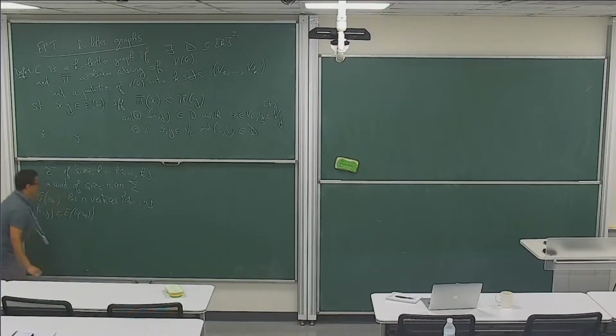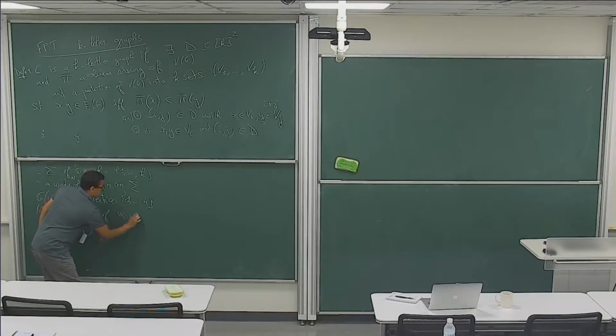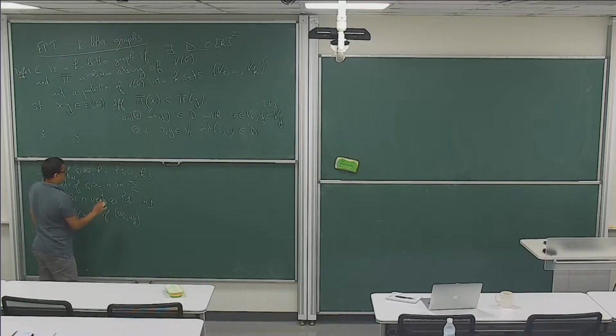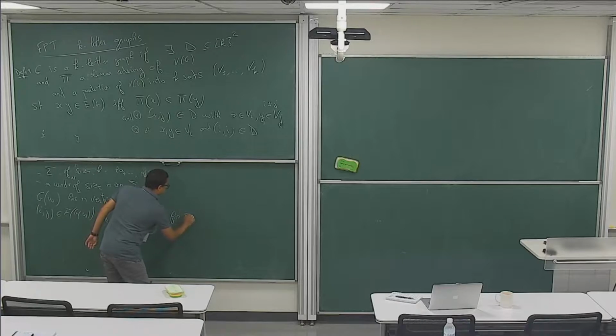So I put an edge between i and j if, for the word w, w_i, w_j is in D, for a fixed D. We can understand that D is extended and connected completely, exactly.